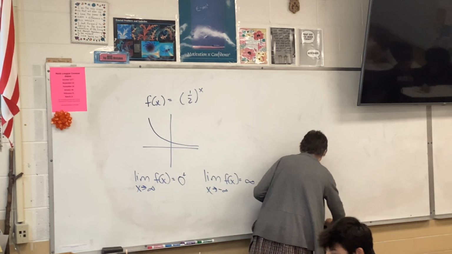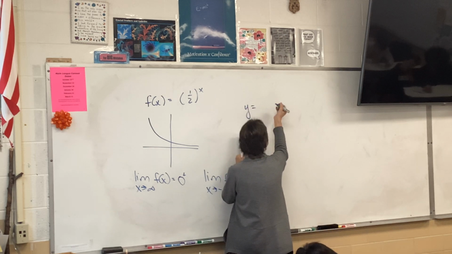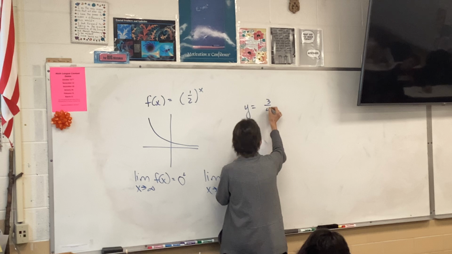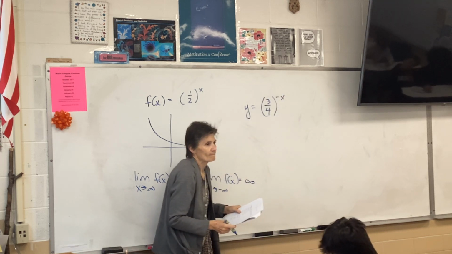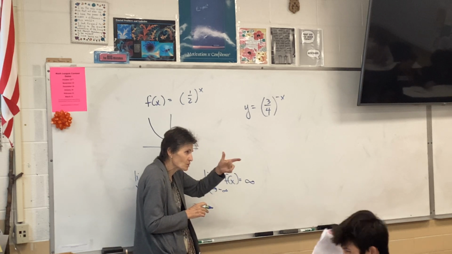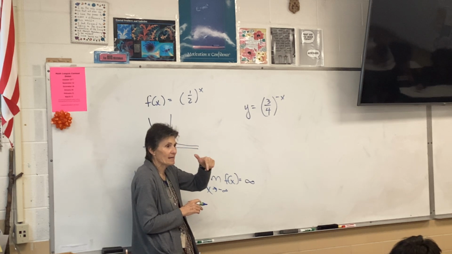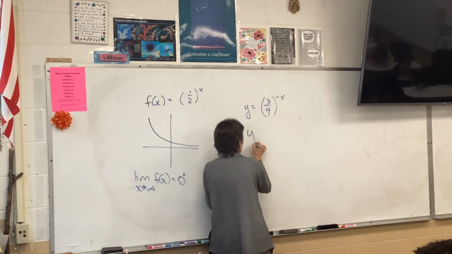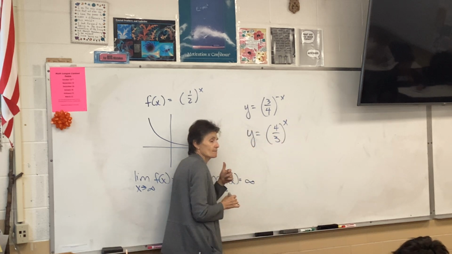All right, here we go. Y equals, I'm going to change that to 3/4. Is that okay with you? Because I have to flip it, I like to have a fraction. But my x can't be negative, so I'm going to have to flip that and make it 4/3 to the x.